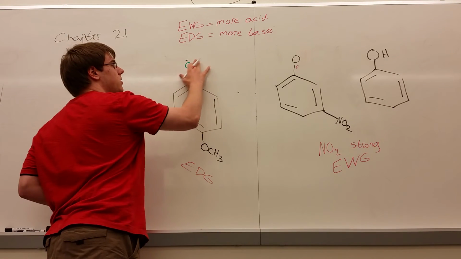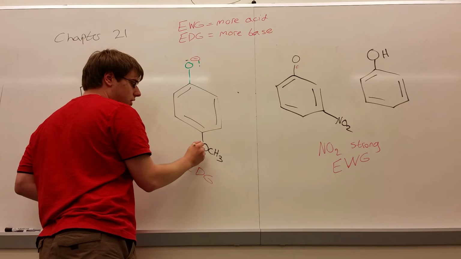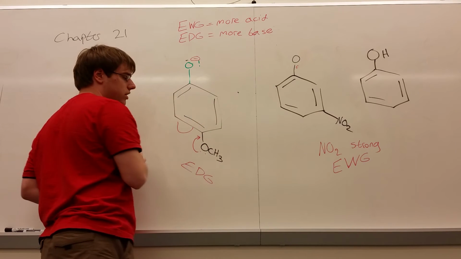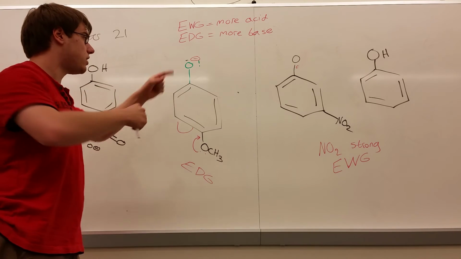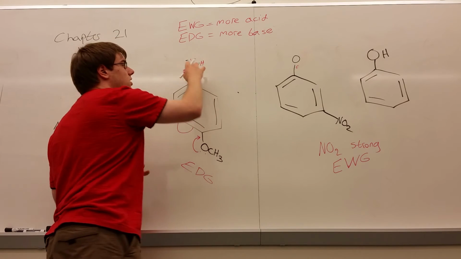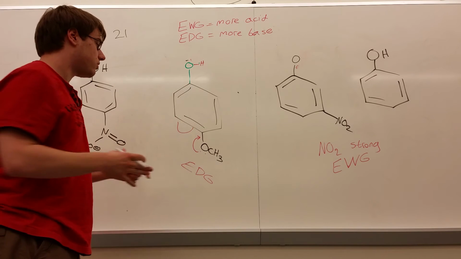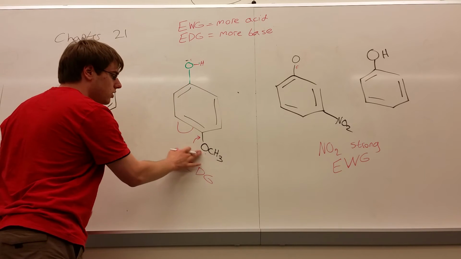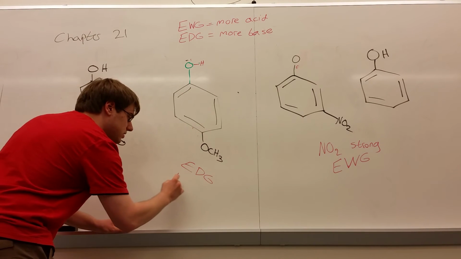If this oxygen becomes negative, those electrons are going to want to resonate into the benzene, but the lone pair of this oxygen is also trying to resonate around in the benzene. So those two negatives aren't going to want to converge. That hydrogen is not as acidic for that reason because we don't want to make that oxygen negative. It will have to share the benzene ring with the resonance between the two oxygens. So we can probably say that this is the least acidic.